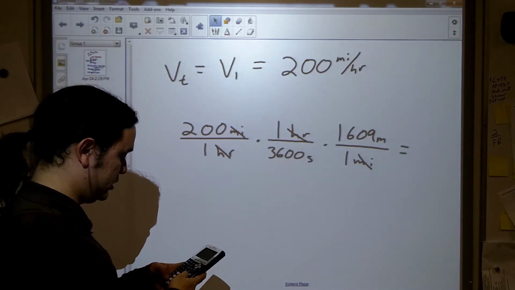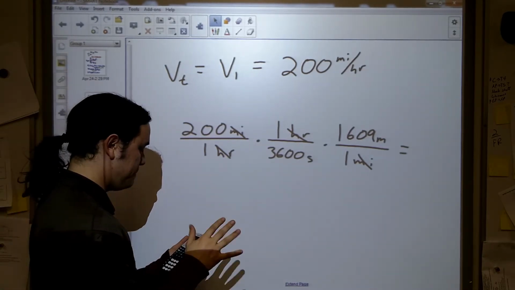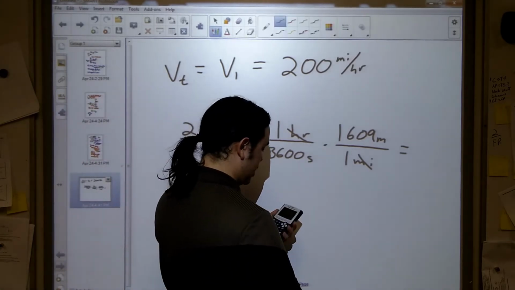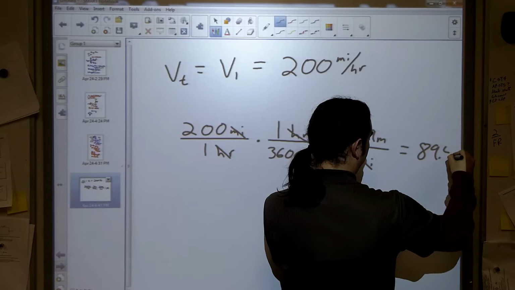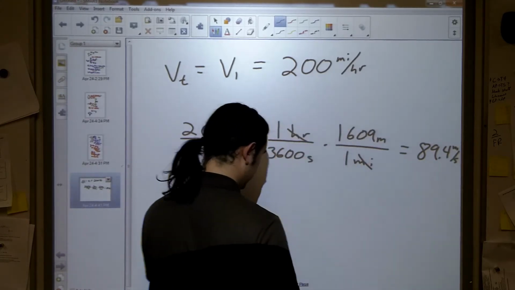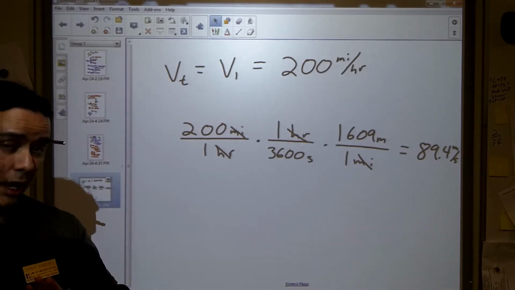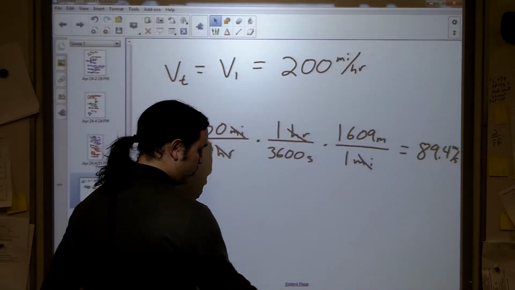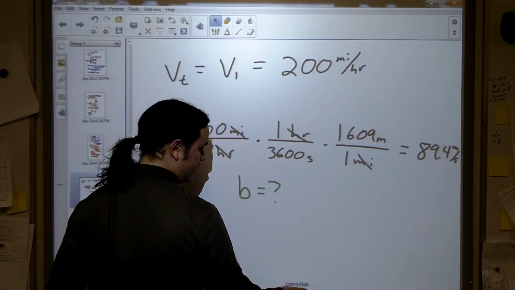So let's go 200 times 1,609 divided by 3,600. It's about a factor of 2, as we've talked about in class, but this gets us something like 89.4 meters per second. Let's find out what a more realistic value of B is for the baseball.